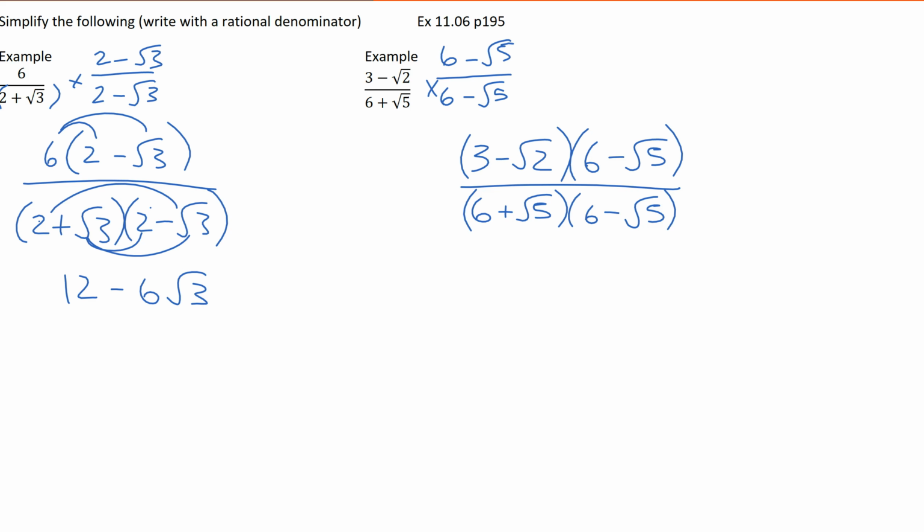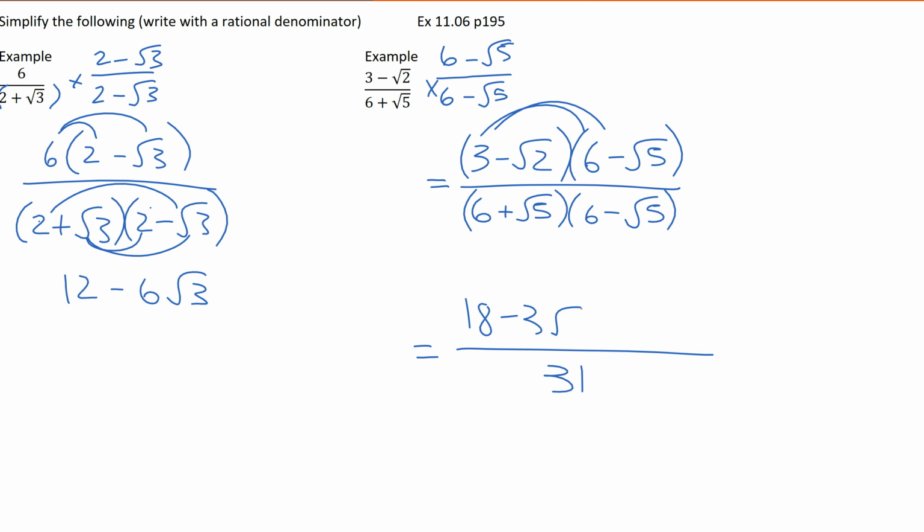Okay, now if you look at the bottom line in particular, because the bottom line is the one that is the rationalising, that's going to be 6 squared, 36, plus, and the minus the 6 root 5, so we just won't write that down, minus 5, which is actually just going to be 31. Happy with that?